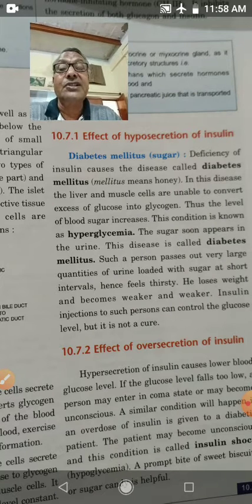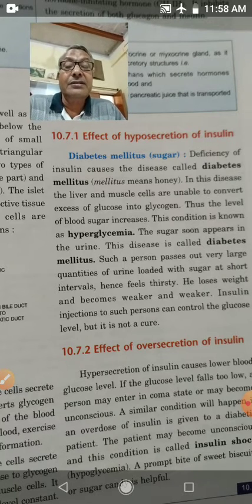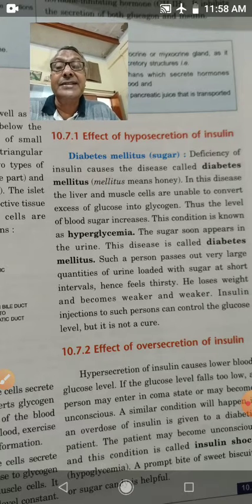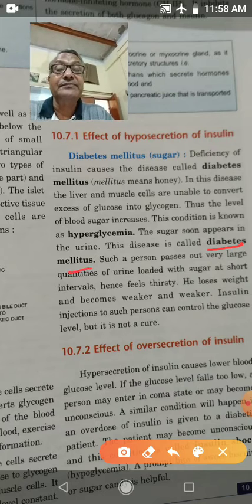This condition is known as hyperglycemia, and now sugar will start to pass in the urine. That condition is called glycosuria, and persons suffer from a disease called diabetes mellitus.